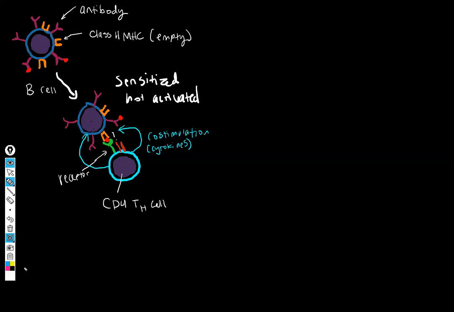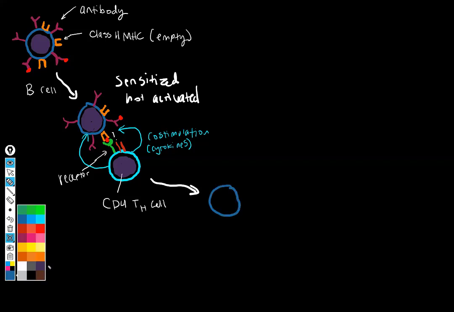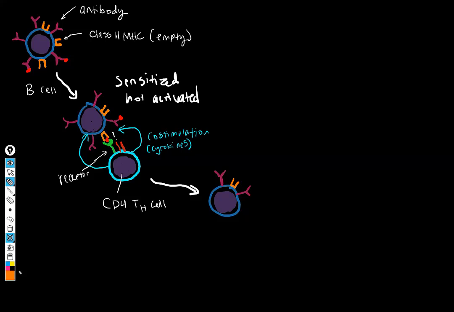Okay, so the net result of this is that once this set of events has occurred, our B cell is both sensitized and activated, so it's ready to go. So let me draw it, in all of its activated, sensitized glory, with all of the things and the stuff that it needs to have.